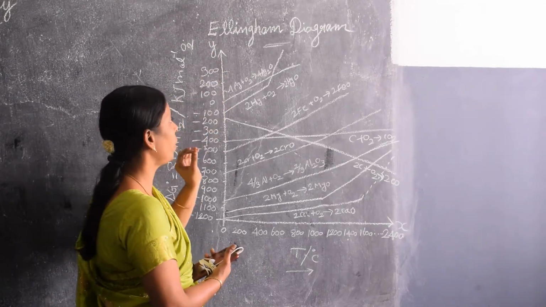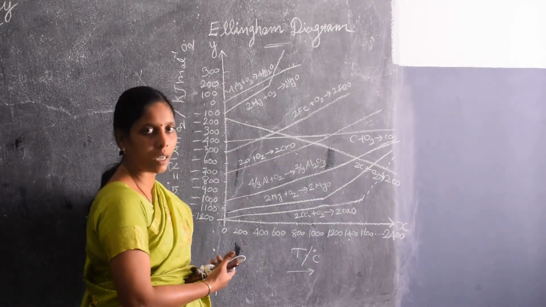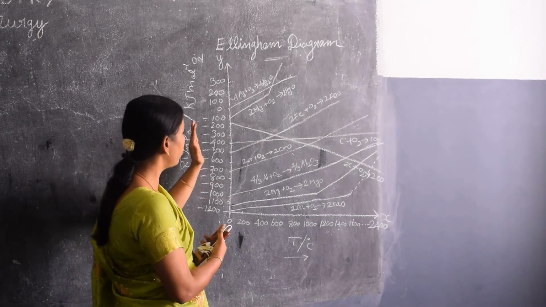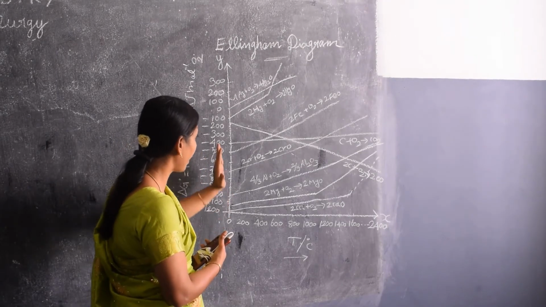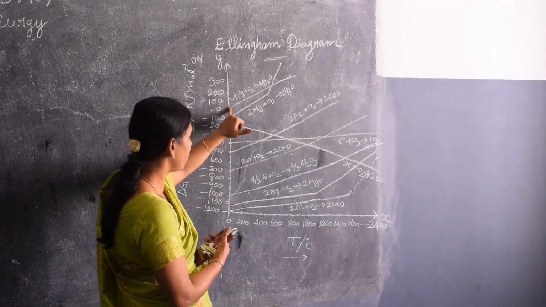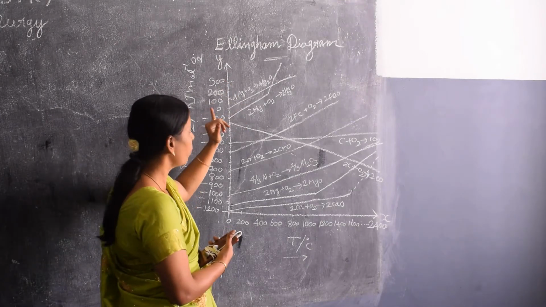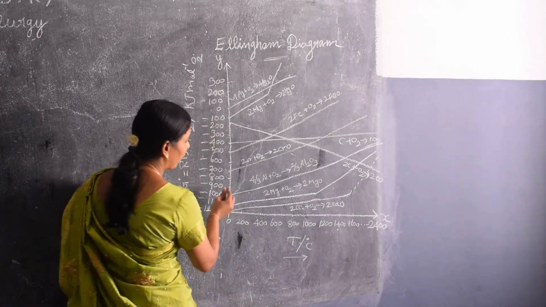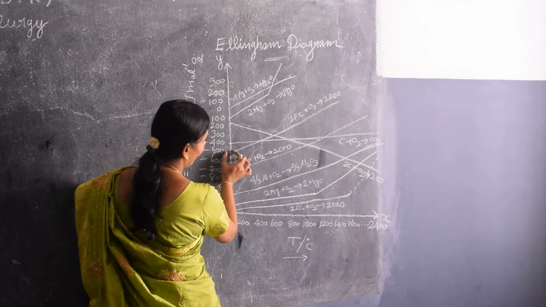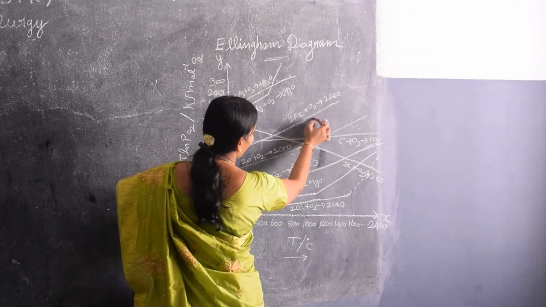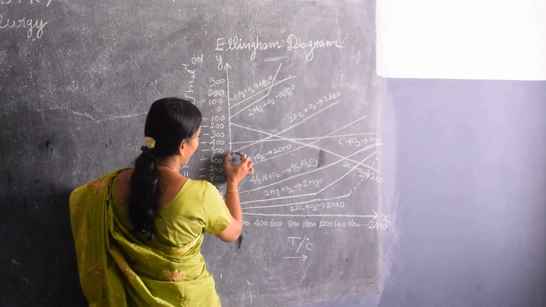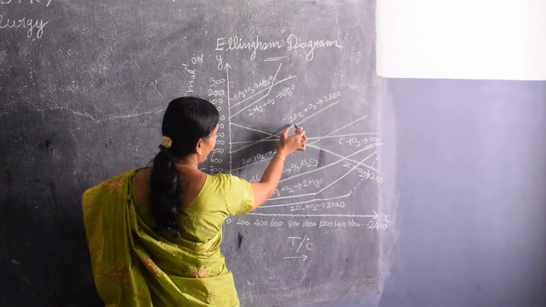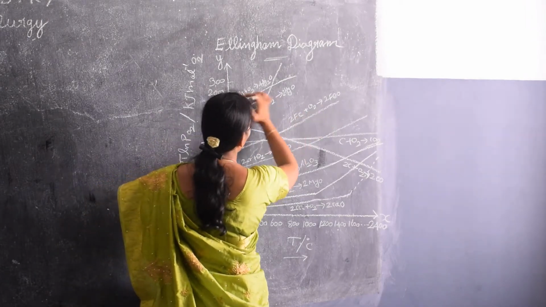So we get a straight line. So the delta G value is negative, then less negative, then 0, and then positive.